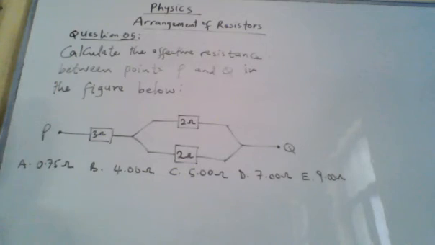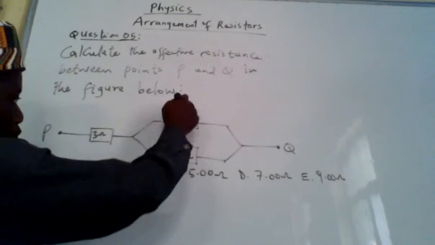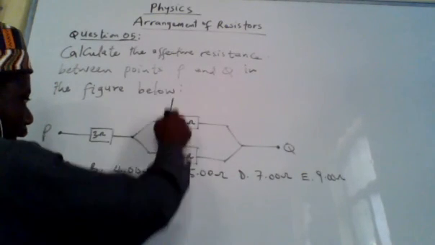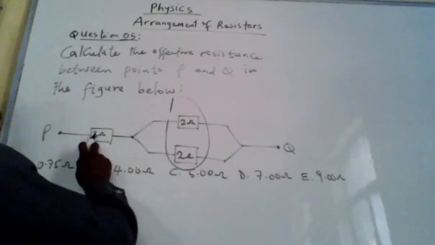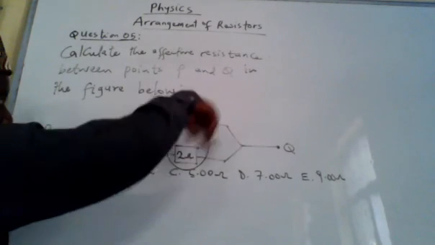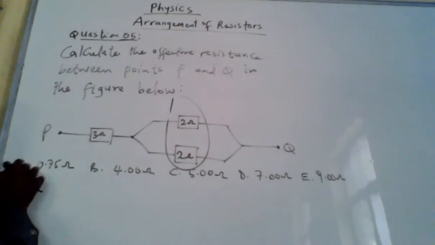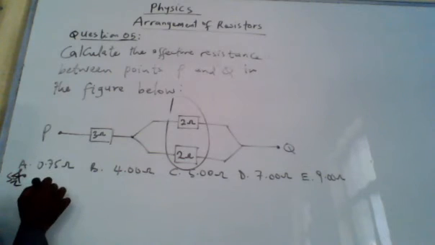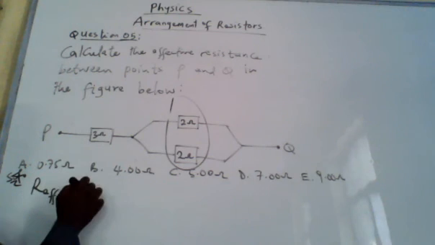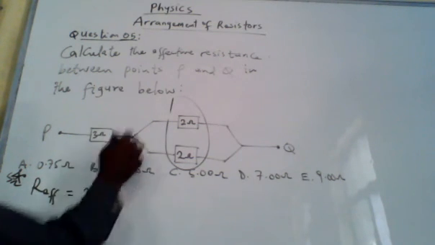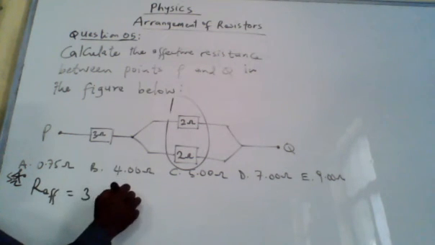What we still need to know is that these two are in parallel to each other. The combination is in series to this one. So I'll have effective resistance to be 3 plus R2.